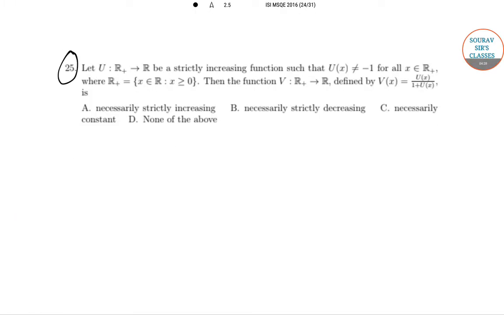In question number 25 it has been said that let U, which goes from R plus to R, be a strictly increasing function such that U of X is not equal to minus 1 for all X belongs to R plus.